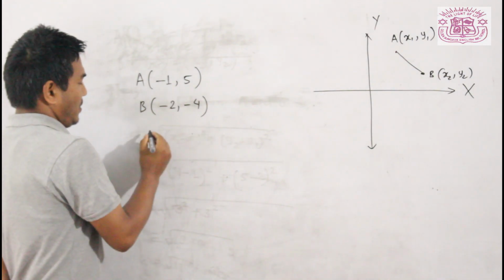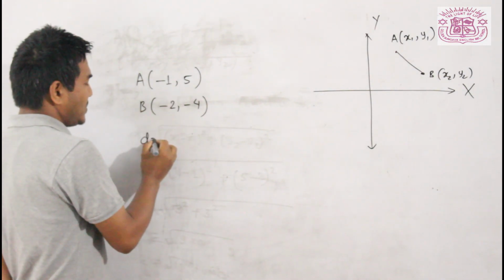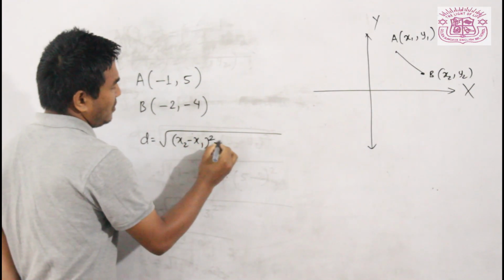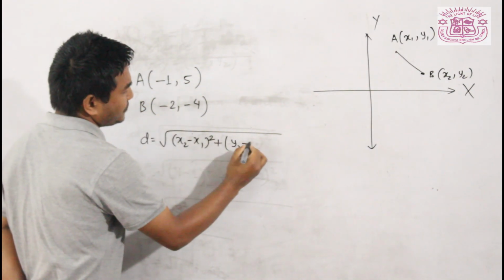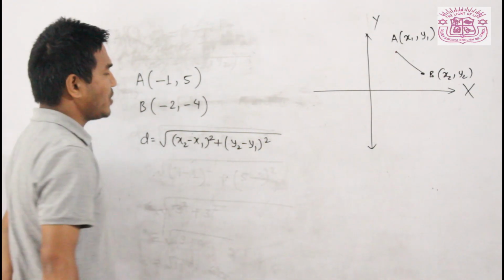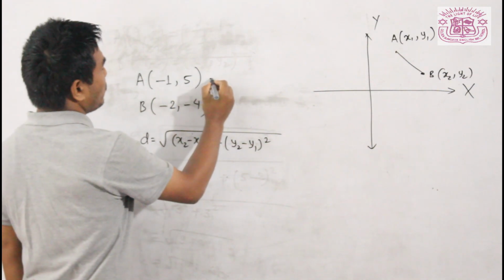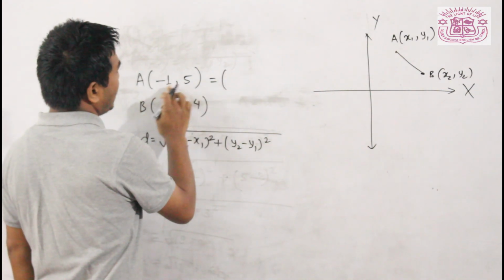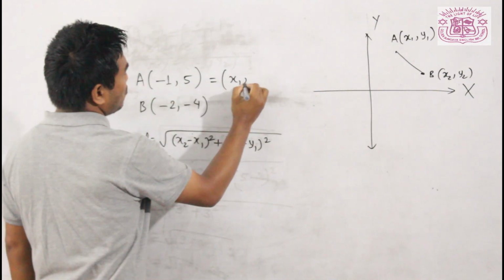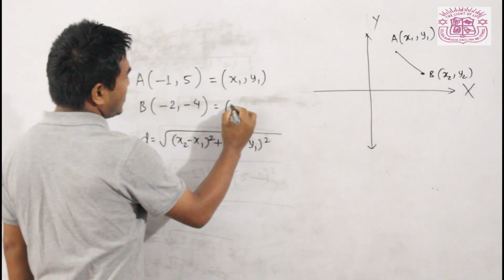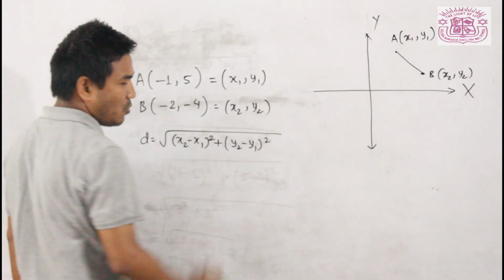So by using the formula, that is d equals root under x2 minus x1 whole square plus y2 minus y1 whole square, we can find out the distance. So here also we suppose the point A as -1, 5 as x1, y1, and similarly -2, -4 as x2, y2.